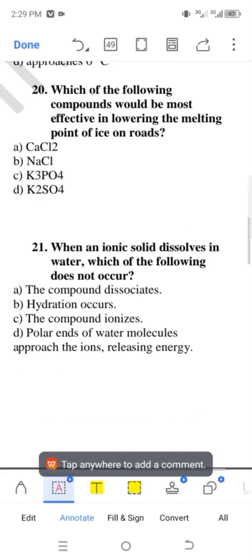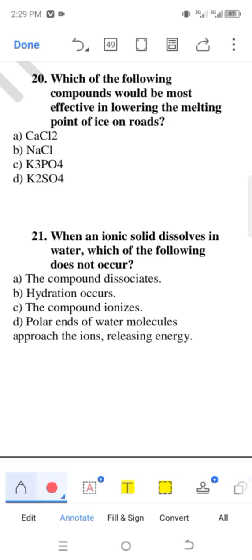Which of the following compounds would be most effective in lowering the melting point of ice on roads? Guys, melting point is the same as the freezing point, because water melts at 0 Celsius and freezes at 0 as well. So which of the options has the higher ion factor, so that the salt would decrease the freezing point more?